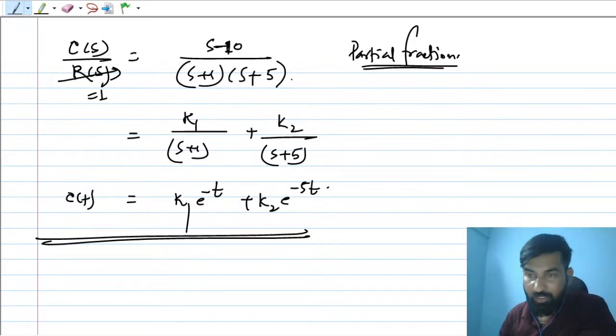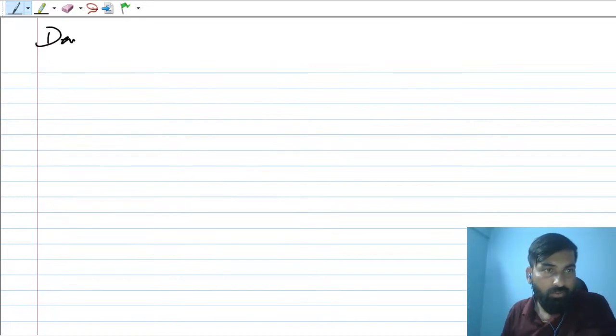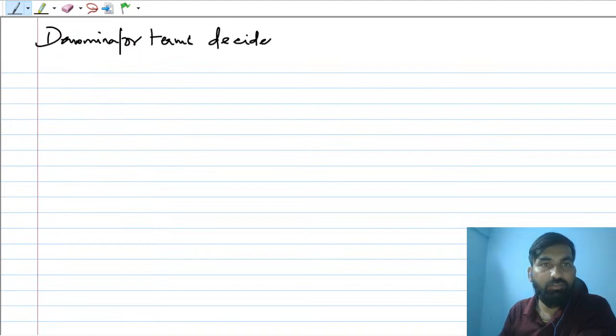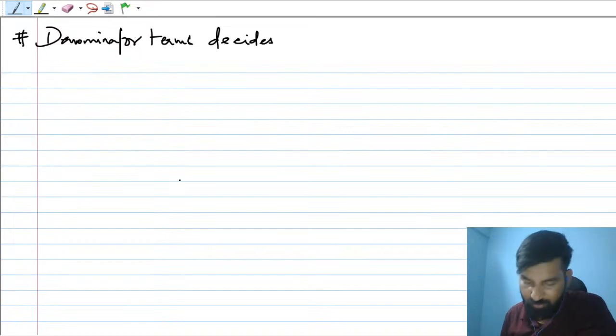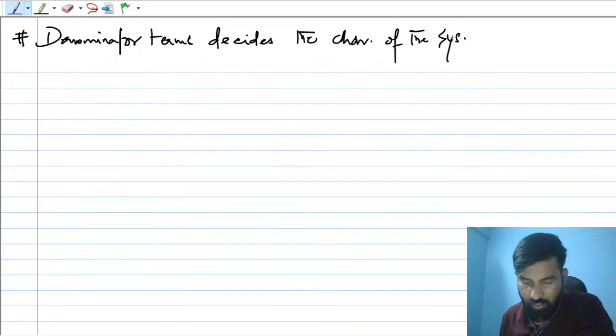You can note down here: the denominator term decides the characteristic of the system, not the numerator term.